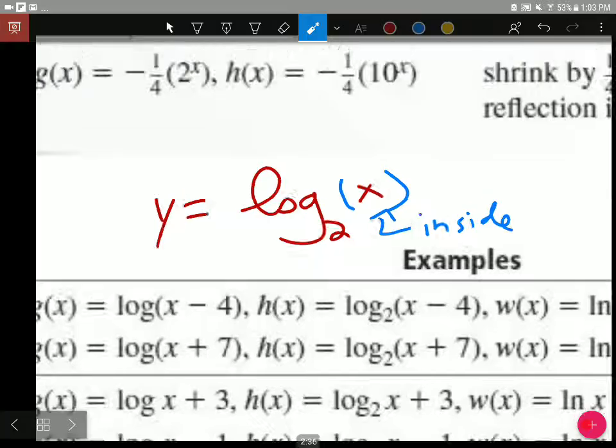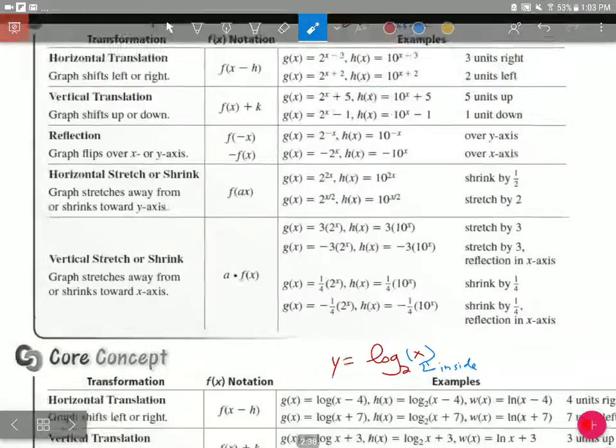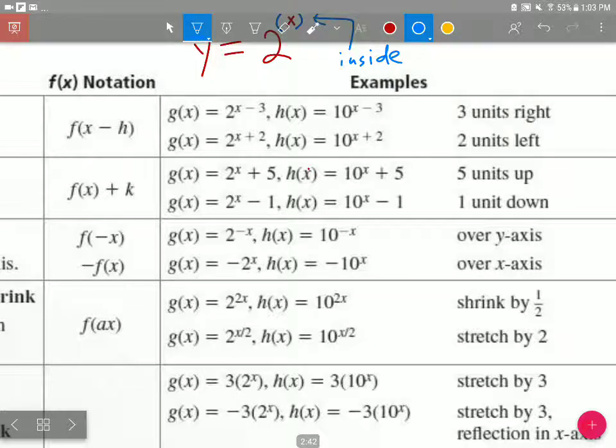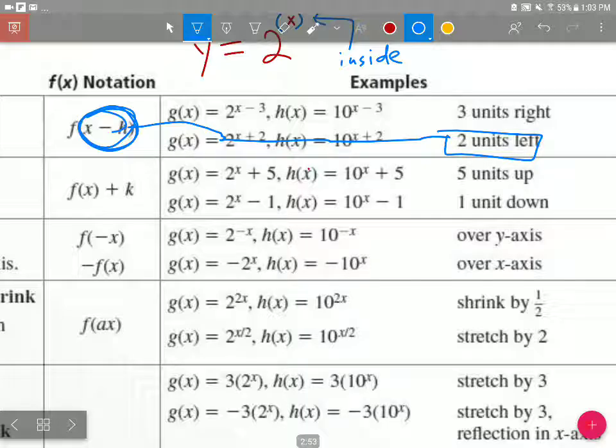All right, the charts. Again, just a quick run through of how to run the charts. So if you know you're inside, and you're adding, okay, so that's an add on the inside. Well, that means it went left. You shifted to the left. Or if you're inside and you know you subtracted, that means that's my transformation, 3 units to the right.